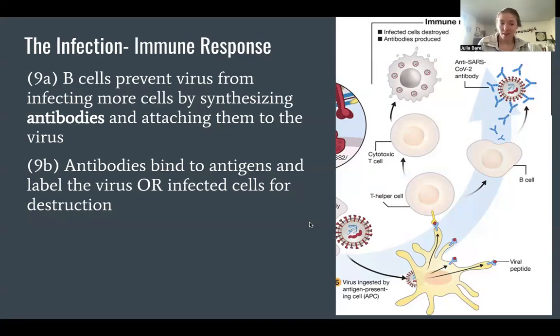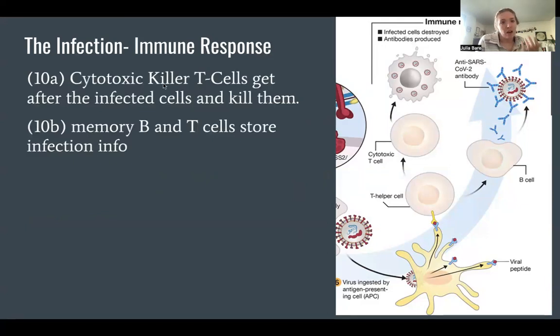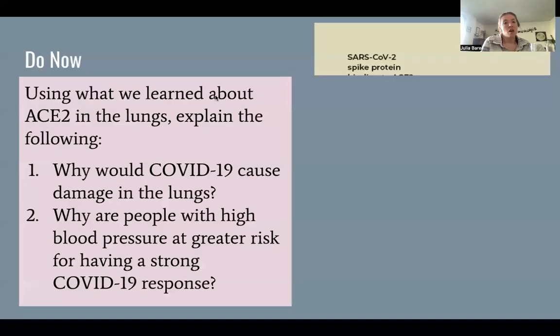The problem is spike proteins keep mutating. So every time you reintegrate a COVID-19 infection into your adaptive immune system, the infection itself changes. So your body has to keep adapting its response to that infection. Eventually, the cytotoxic killer T cells can get after the infected cells and kill them.